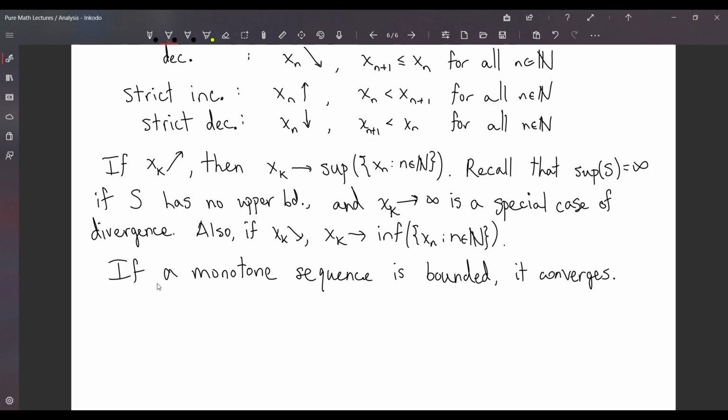And notice this is not the case for a general sequence, right? Because you could have a bounded sequence that oscillates, say between 2 points. Clearly it's not converging, but it is bounded, right? But we do know in general, convergence implies bounded.